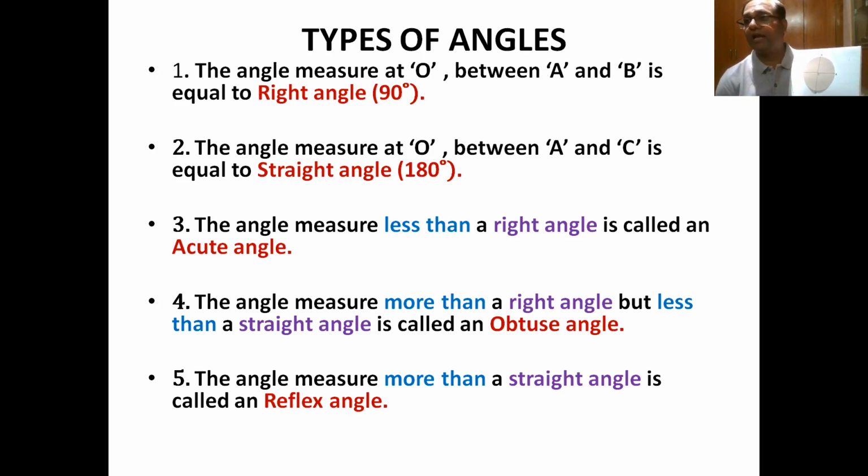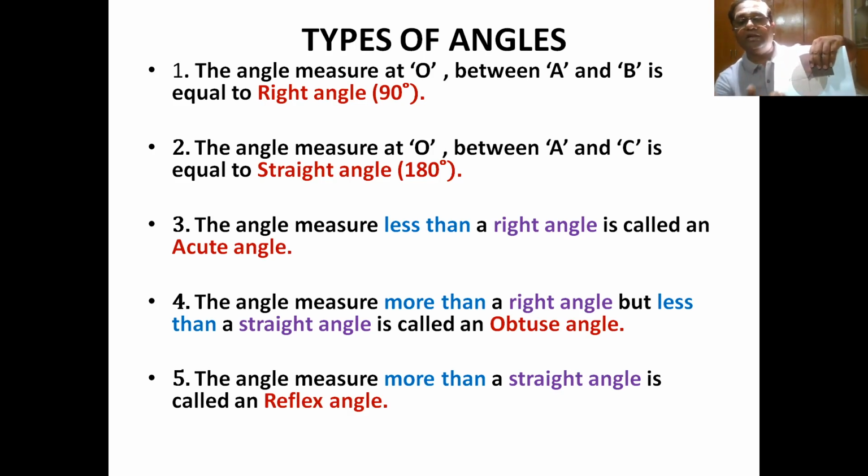The angle measure more than a right angle but less than a straight angle is called an obtuse angle. Now see, I am keeping another angle here such that the bottom line coincides with ray OA. Now you can see the ray OB is not seen, which means this angle is more than 90 degrees.